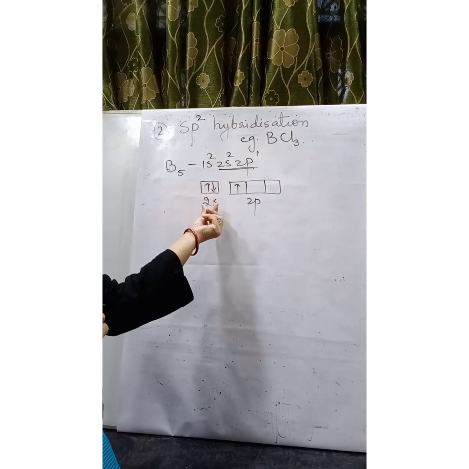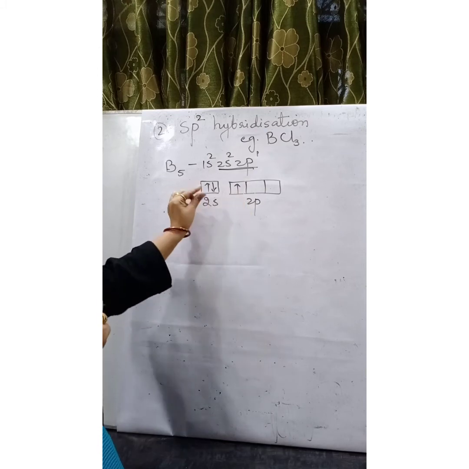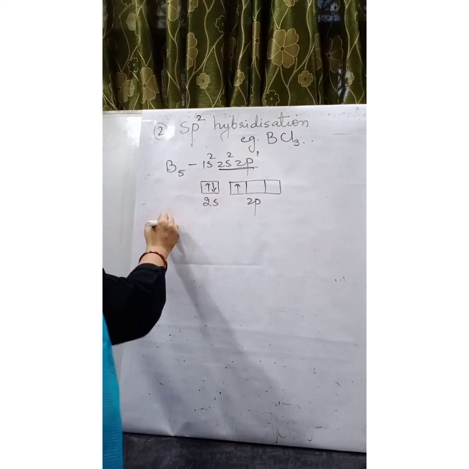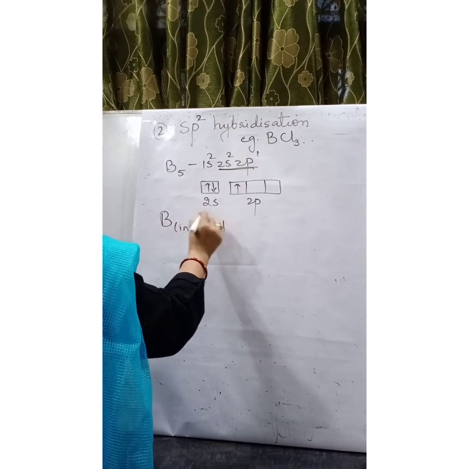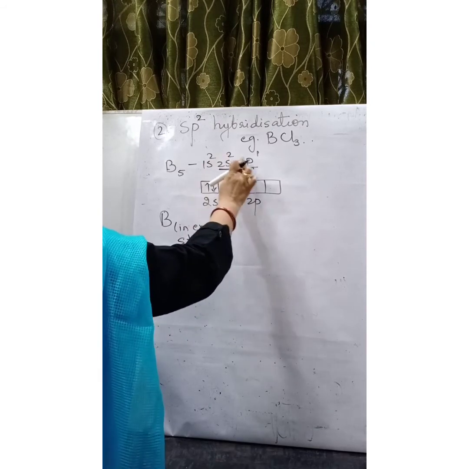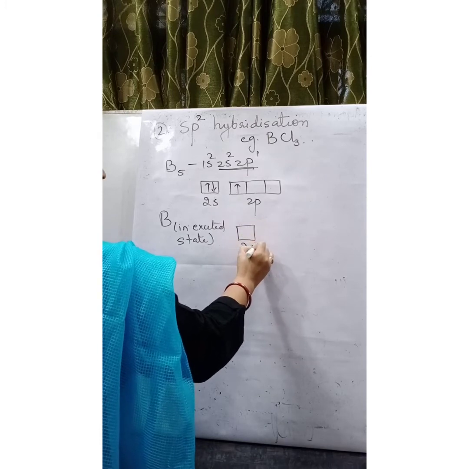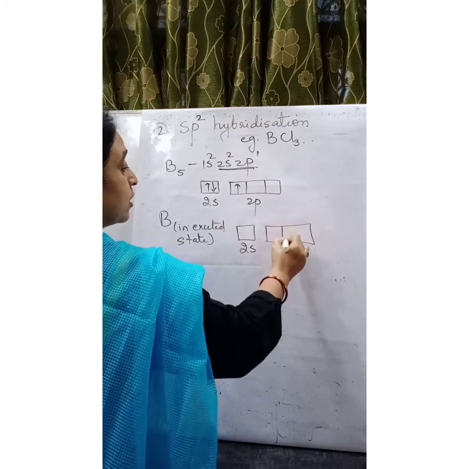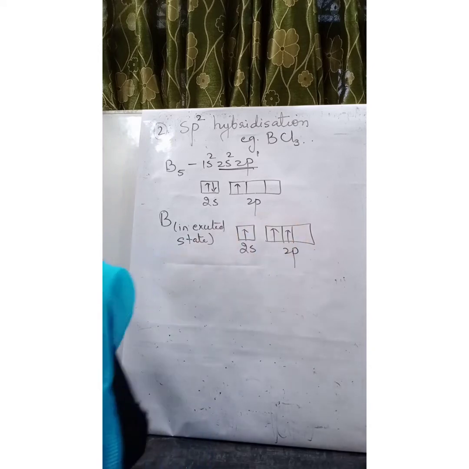So here we have one fully filled and one half-filled atomic orbital. Now boron also moves into the excited state, and one of the s electrons moves and occupies the vacant p orbital. So in the excited state it occupies the p orbital, so 1, 2 and 3.